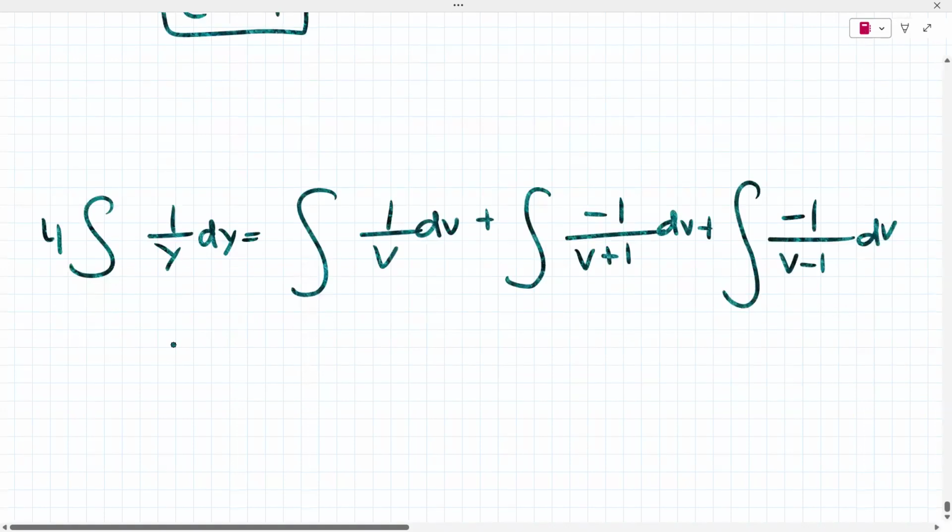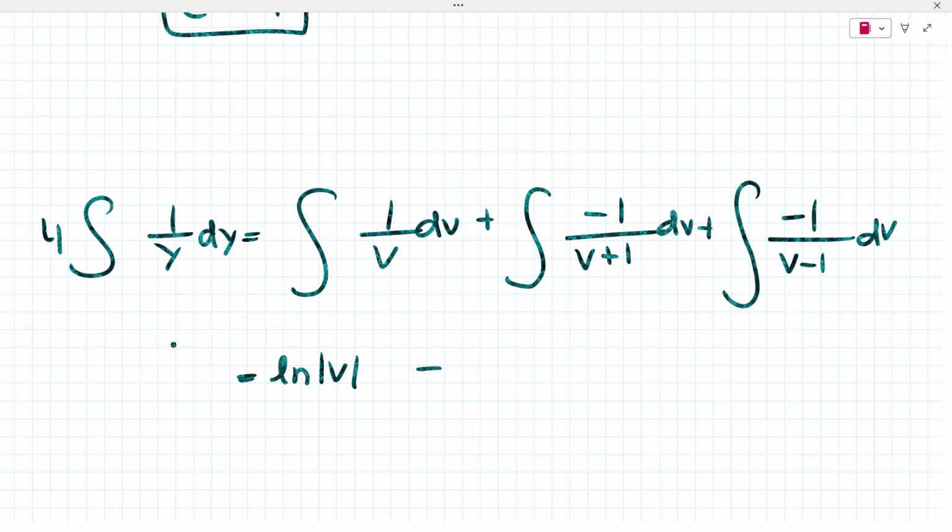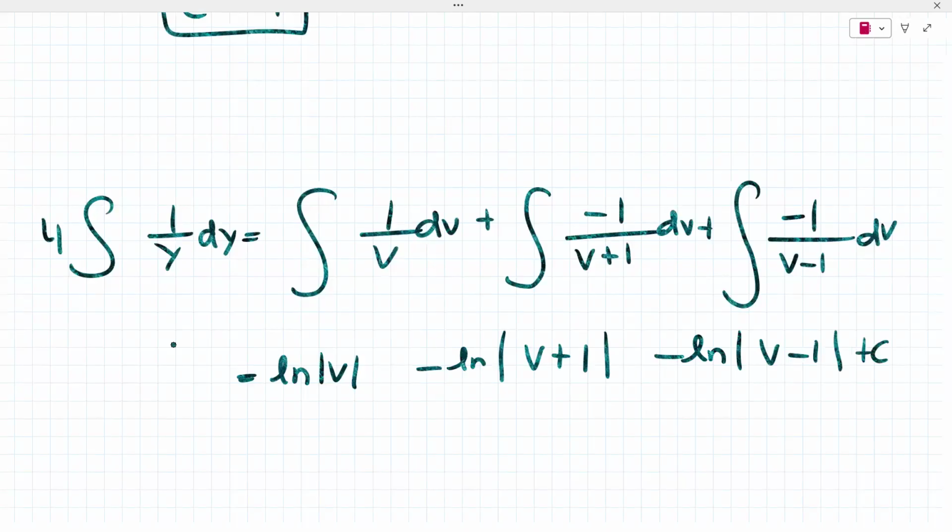The integration of 1 over V is ln of absolute value of V. This one, you would use U substitution, and you're going to get negative ln of absolute value of V plus 1. Same thing here. Use substitution, that would give you negative ln of absolute value of V minus 1 plus C. Over here, this is going to be 4 ln of absolute value of y.